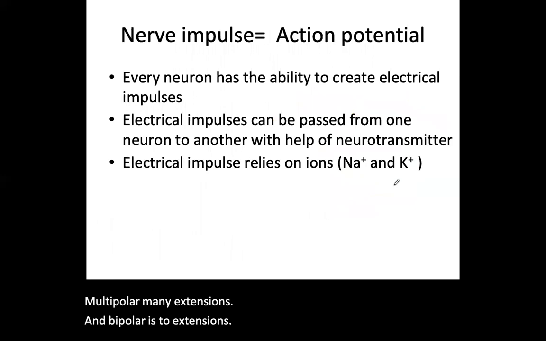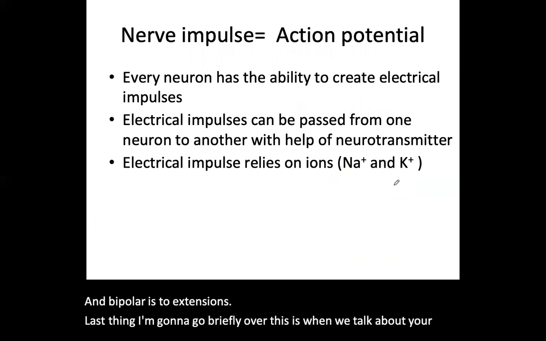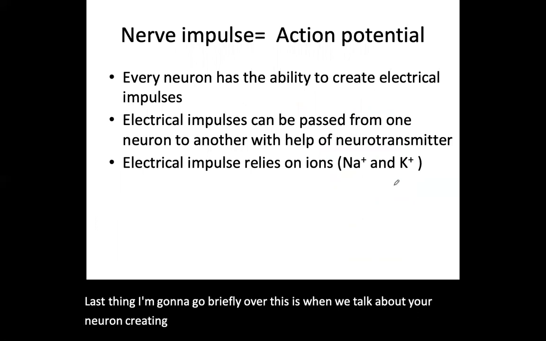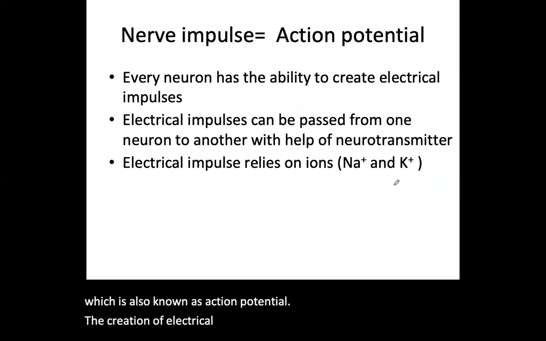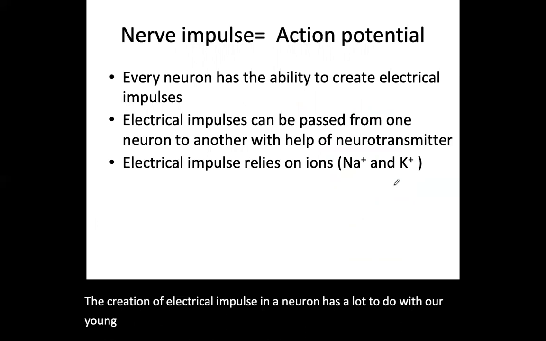Last thing, and I'm going to go briefly over this, is when we talk about your neuron creating electrical impulses, this is known as a nerve impulse, which is also known as action potential. The creation of electrical impulse in a neuron has a lot to do with ion movement, more specifically sodium and potassium.